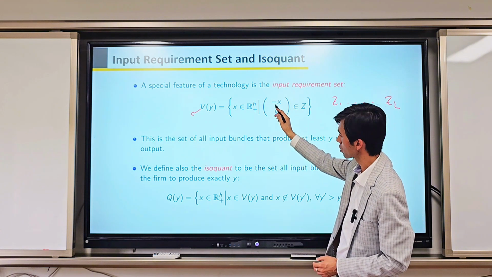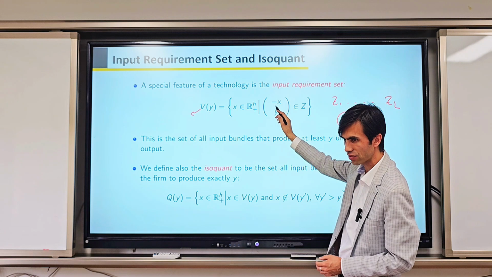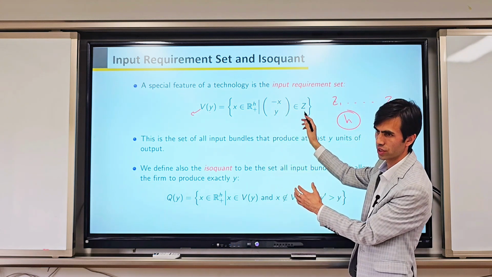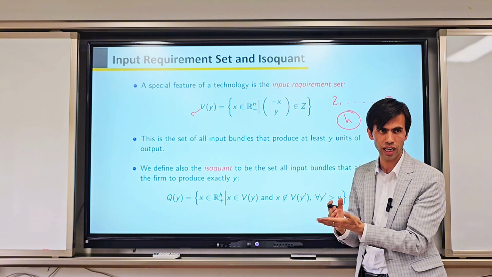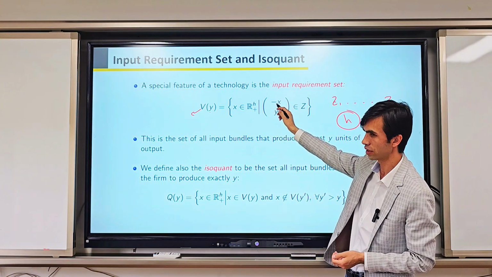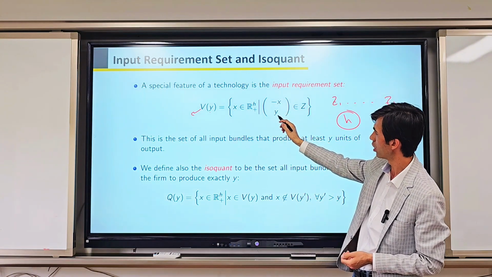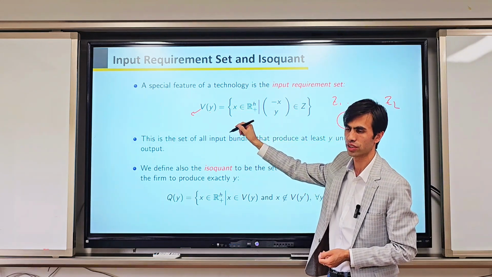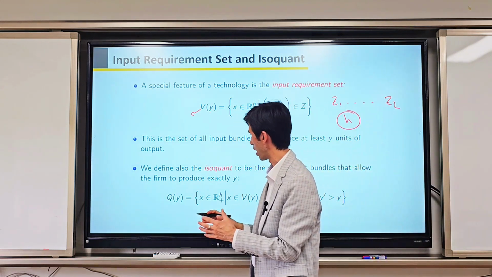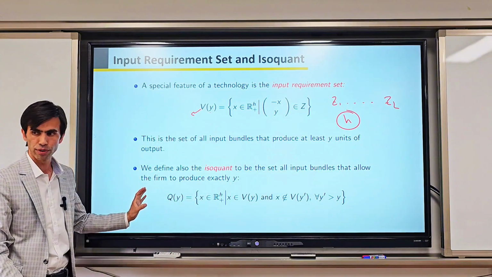Here we have a negative sign because we are referring this vector to the production possibility set. In the production possibility set, because we have both input and output, we use the negative sign for the input and the positive sign for the output. But this X itself is positive because we are thinking only about the input here.